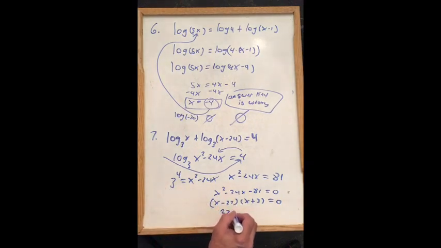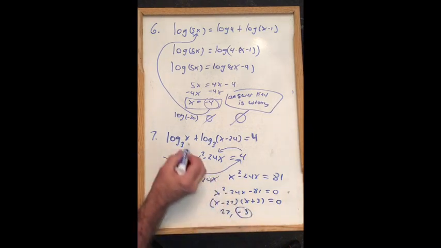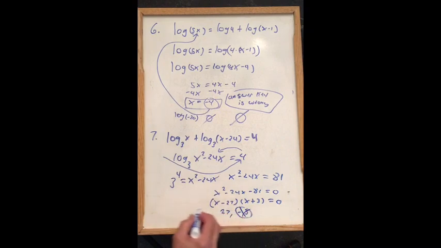So 27 and negative 3 are the possible answers, but this one, because of this right here, I cannot use, so the only answer is x equals 27, and that's the only one that works. Okay.